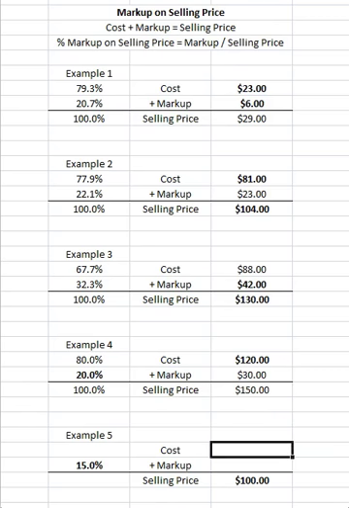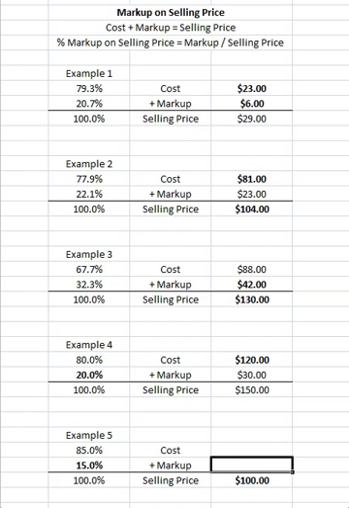And one more example, example 5, we're told that the selling price is $100. Now the percentage for the selling price has to be 100% again, which means that the cost has to be the difference between the selling price and the markup, so that's 85. In this case, the prices are going to come rather easily. For markup, we know that the percent markup is the markup divided by selling price, so that was finding the rate.